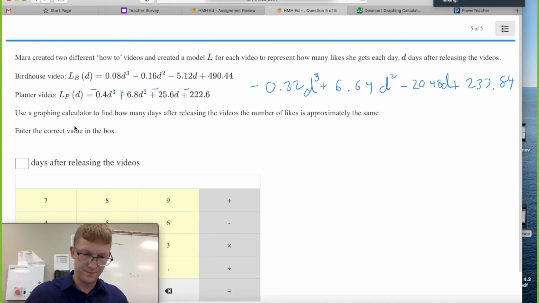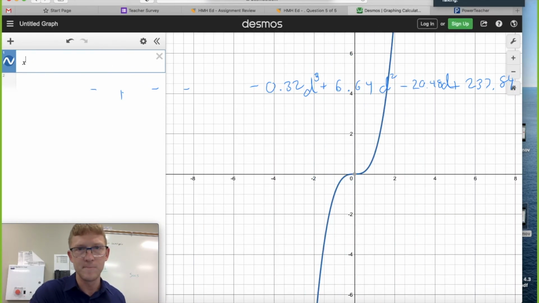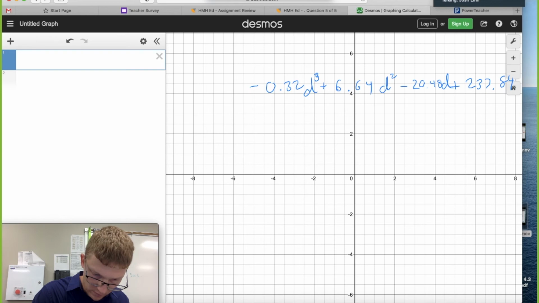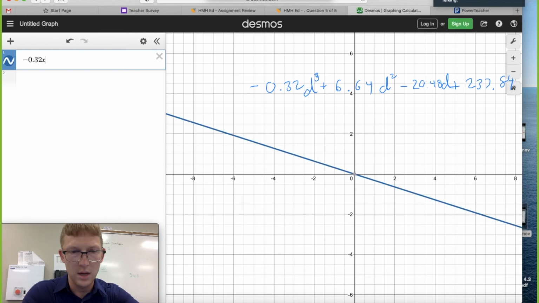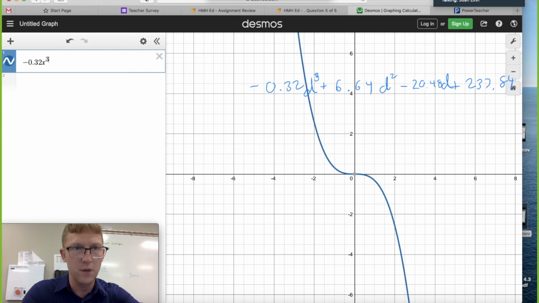I'm going to use this thing right here because it's easier to see. So let me get rid of all these stray little marks. And here we go. So negative 0.32. And this calculator requires me to put my letters back into X. Yours probably does too.